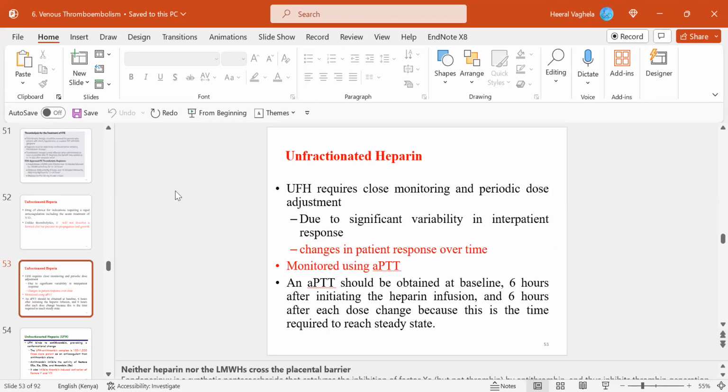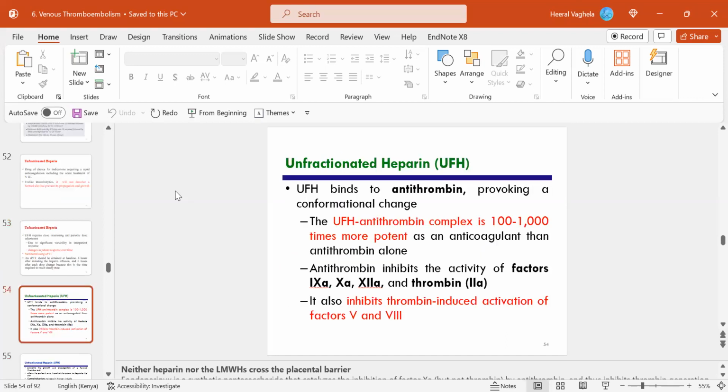So when you're giving this, you usually measure the APTT. You monitor how the patient is responding to the medication using this test.